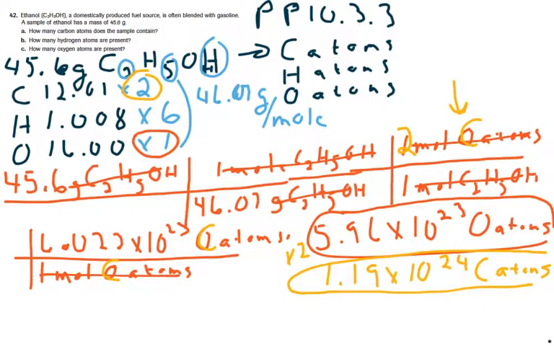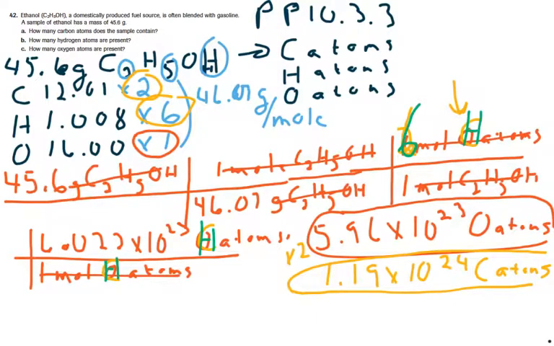And then for the hydrogen, we get 6 of those. So, much like before, this becomes a 6 now, and this becomes hydrogen atoms.